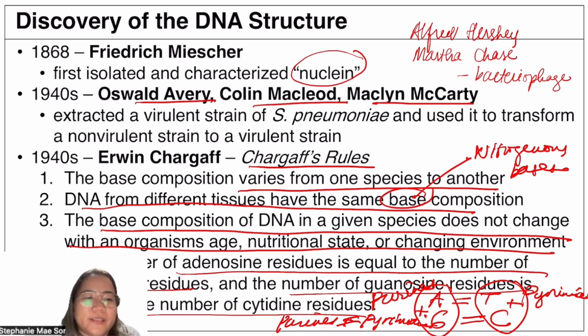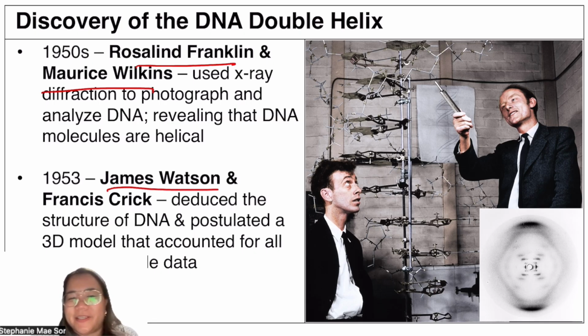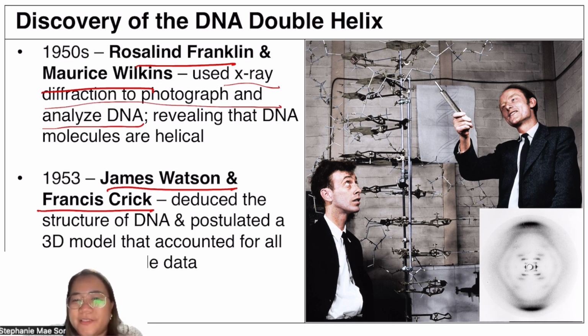Okay? Next. Another thing in the discovery of the structure of the DNA is itong very controversial rule, very controversial for scientists. You have Rosalind Franklin and Maurice Wilkins as well as James Watson and Francis Crick. So, ano nangyari dito, anong issue sa kanila, diba? So, Rosalind Franklin, siya yung primary researcher actually. She used X-ray diffraction to photograph and analyze DNA.